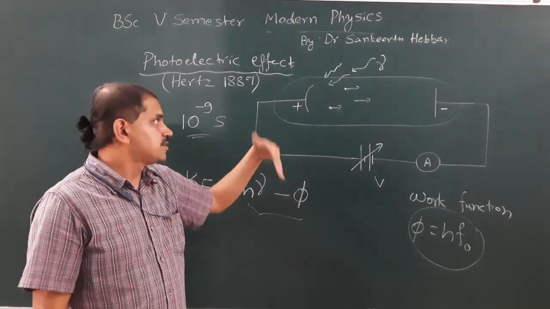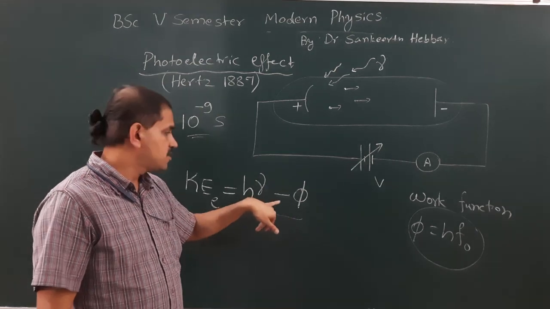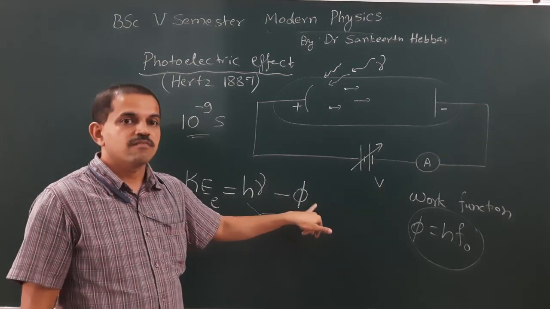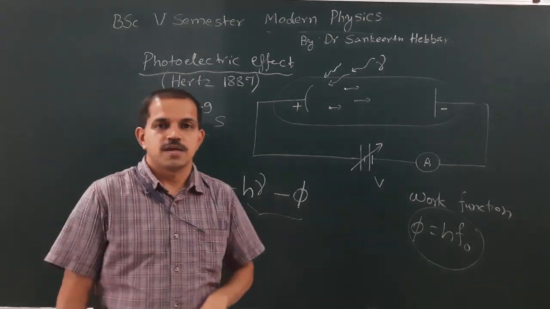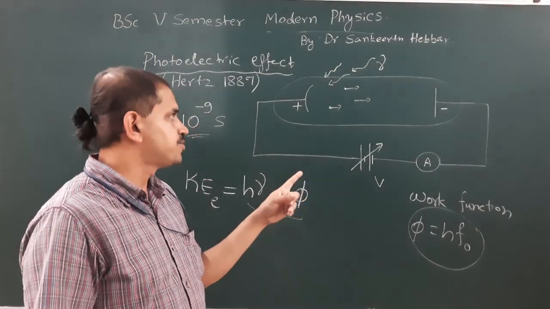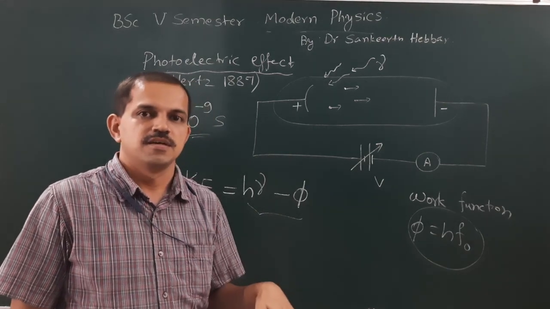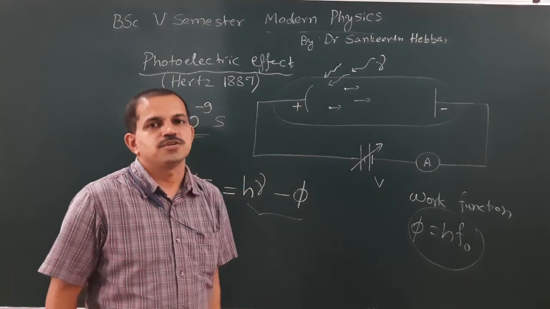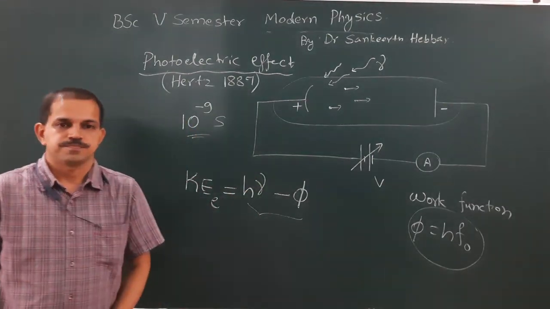And of course, as I have explained, as long as the frequency of the incident radiation is not equal to or more than the work function energy, there won't be any current. Intensity has no effect on deciding when the current should start. Intensity only changes the current if there is a current. If there is no current, then even if you increase the intensity of the electromagnetic radiation, it is not going to help.